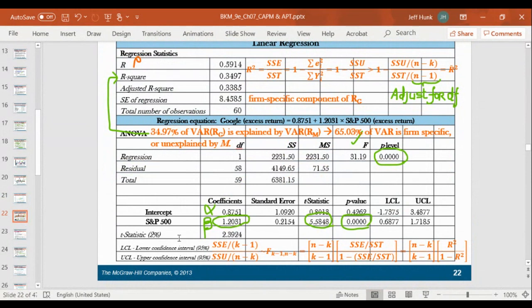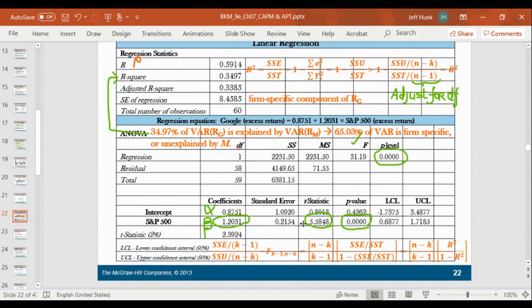But the standard error of beta is 0.215, and the standard error of alpha is 1.09. So what does that mean?